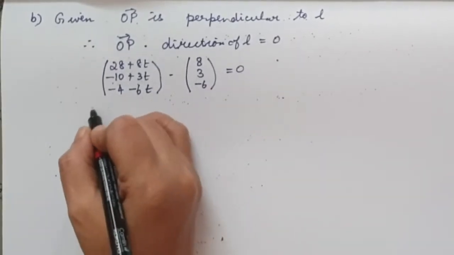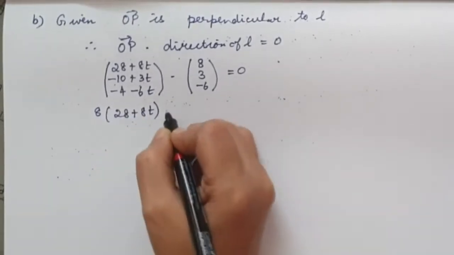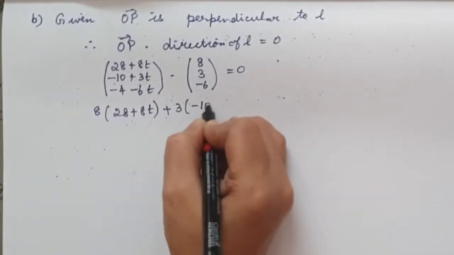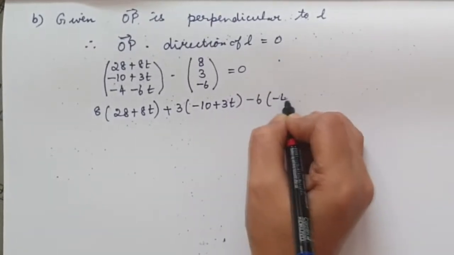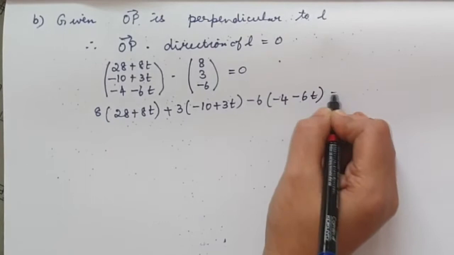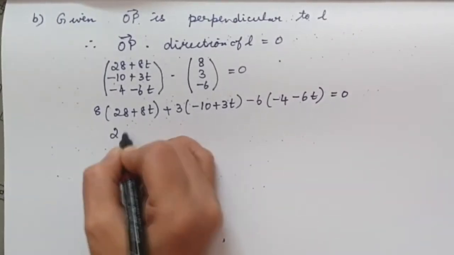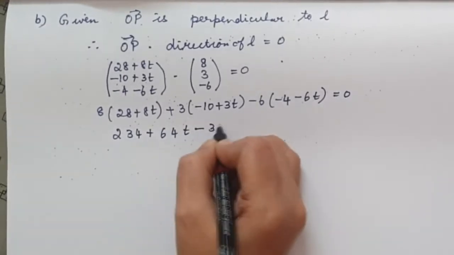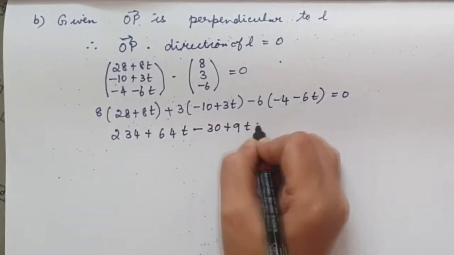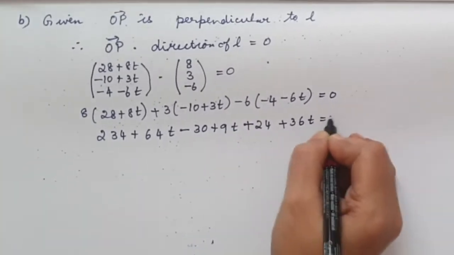So when we multiply it, we get 8 into (28 + 8t) plus 3 into (-10 + 3t) plus (-6) into (-4 - 6t) will be equal to 0. So when you multiply it, you get 224 + 64t - 30 + 9t + 24 + 36t equals 0.